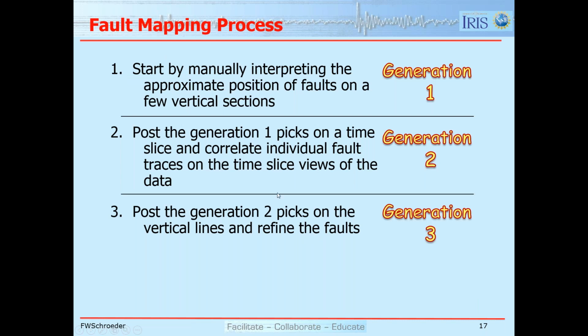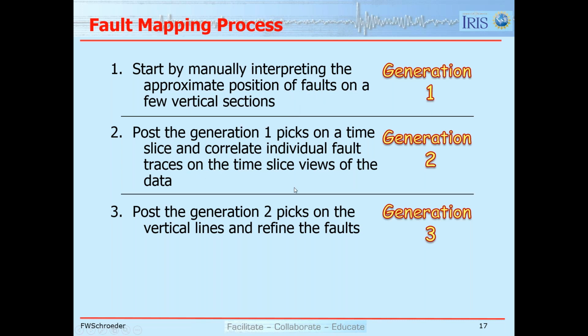So let me talk about the process I usually do. I talk about 3 generations of faults. First, I start by manually picking on some vertical sections some of the faults. So these could be inlines and crosslines. It also could be some sort of a traverse or random line.